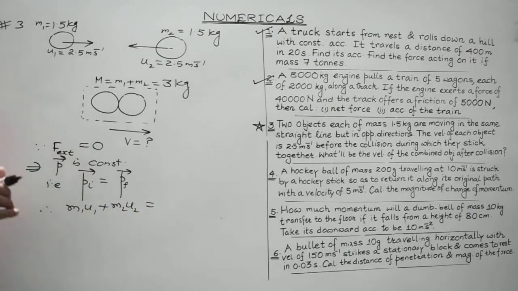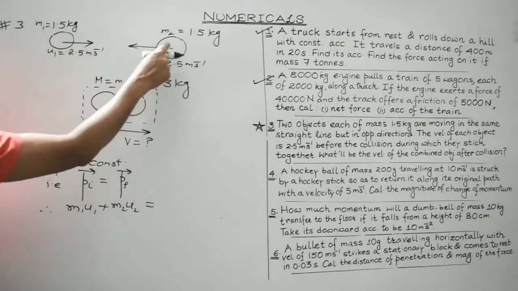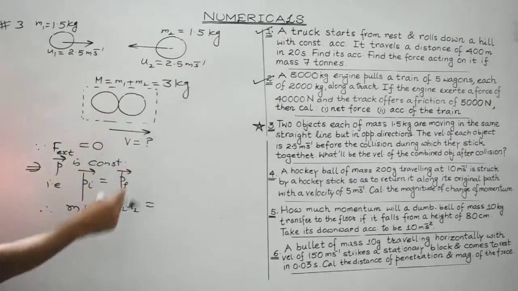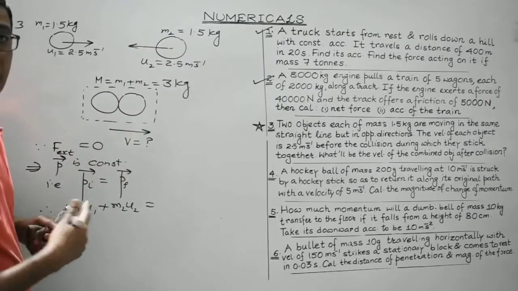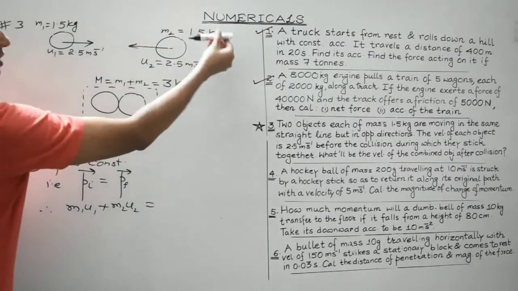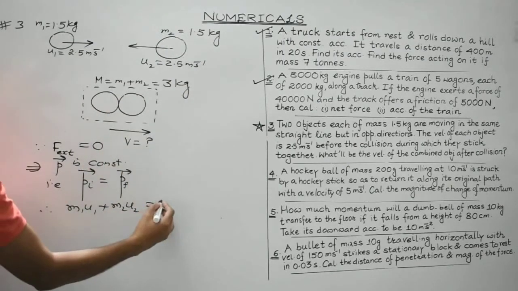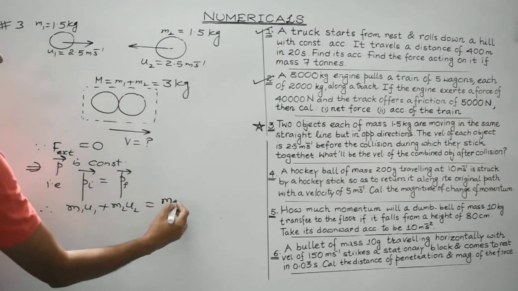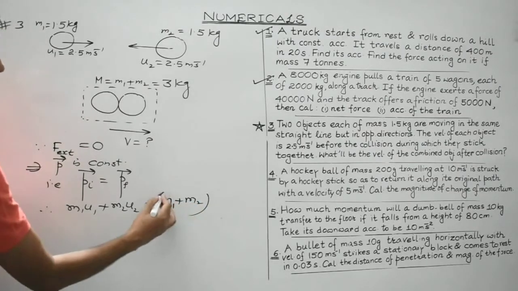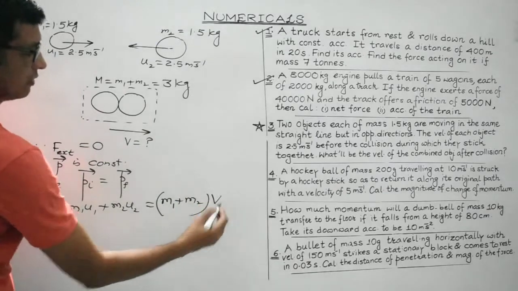Now here, you must note down that on substituting the value of u2, a negative sign has to be put. Why? Because they are moving in the opposite direction. If this is taken as positive, then this direction needs to be taken as negative. And what about the final momentum? It is m1 plus m2, which acts as a combined mass, and its final velocity is v.